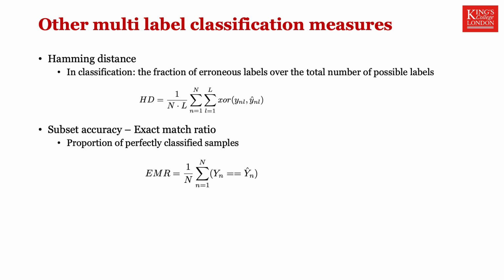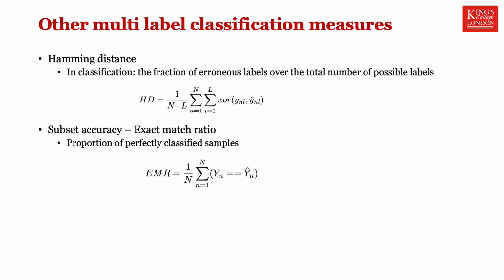Another one that you have is what we call the subset accuracy, or the exact match ratio, and it's especially useful when you have not only one label for each sample, but you have to give multiple labels.